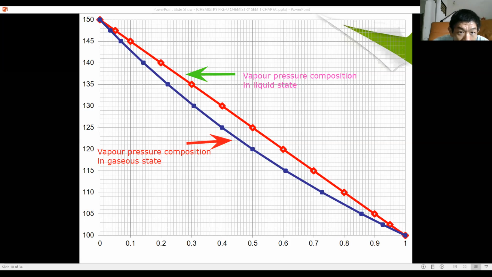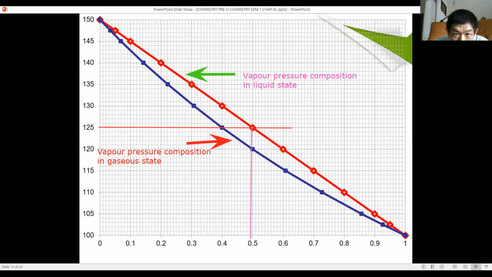At 125 kilopascal, this is the line. In the liquid composition, you shall have 0.5 mole fraction of A and 0.5 mole fraction of B.